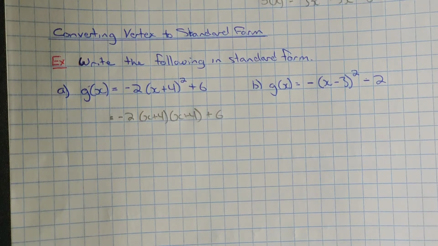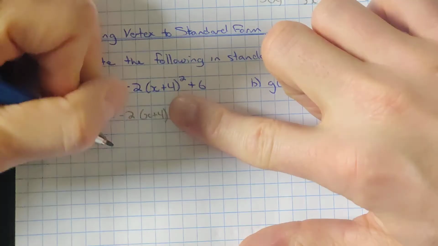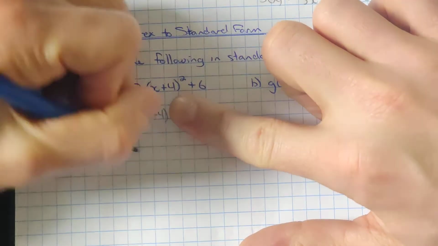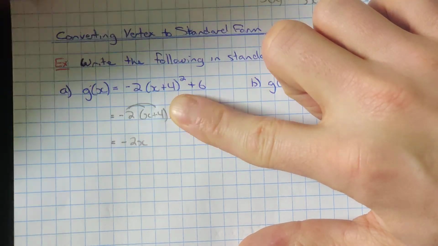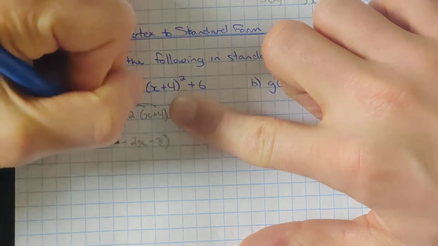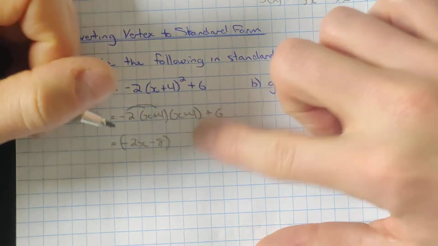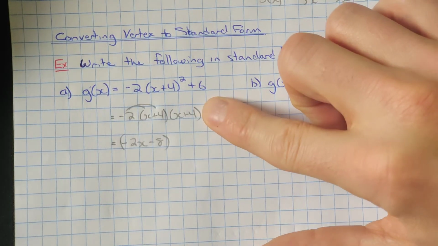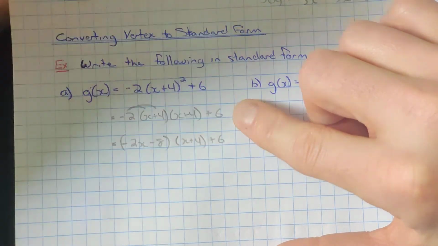And now we just do everything step by step by step. Multiply the first pair, so negative 2x and negative 8. Put that in brackets because we have another multiplication to do. We're only putting it in brackets because there is another multiplication. But we have x plus 4 and then the plus 6.